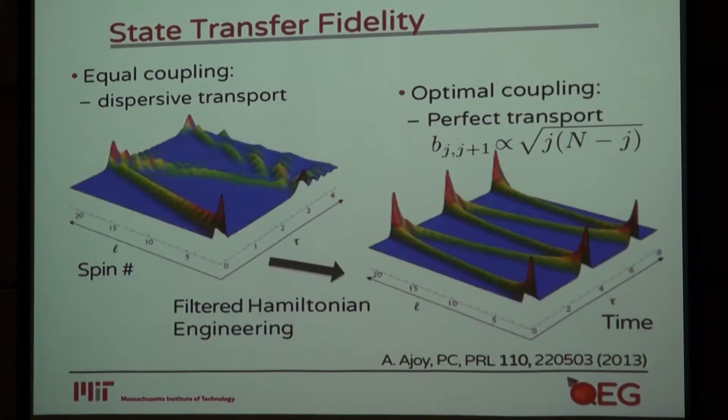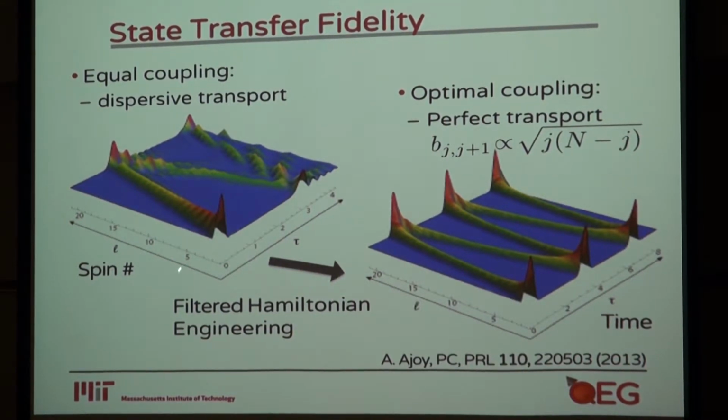Even when I simulate an ideal system, if all my nearest neighbor couplings are equal, as they would be if the spacing among the spins is constant, then I have a type of dispersive transport. When I reach the end of my chain, I still have this revival, but it doesn't go back up to 1. It decays a little bit. And if I want to go even to longer distances, the fidelity of my transfer becomes smaller and smaller with the distance.